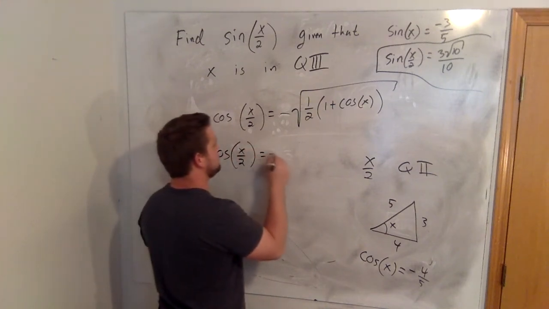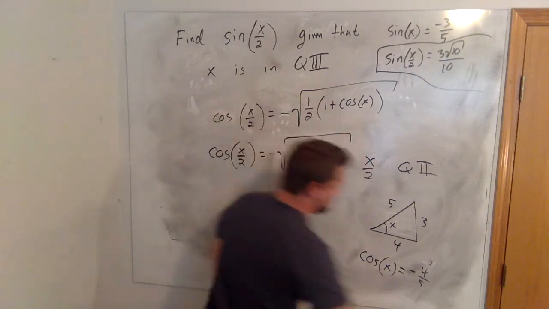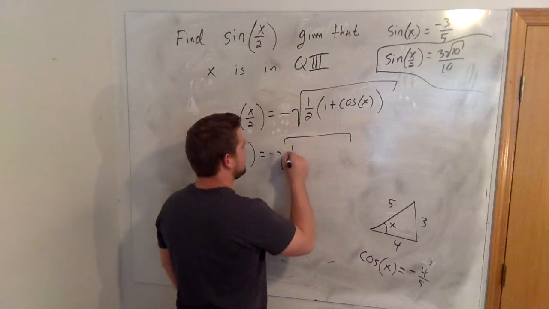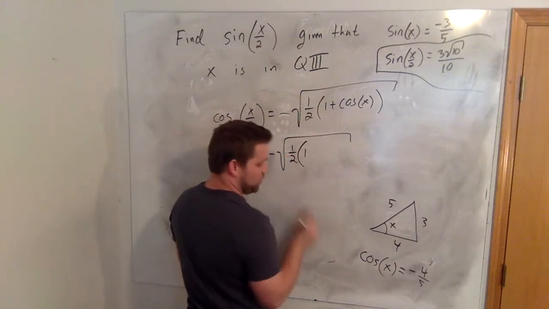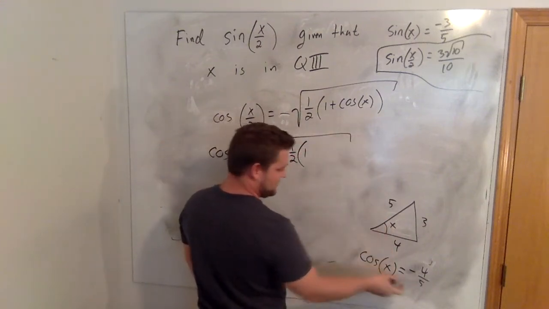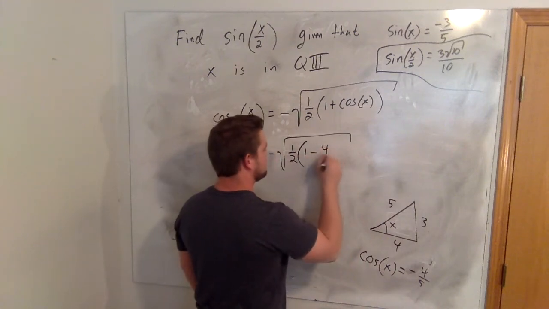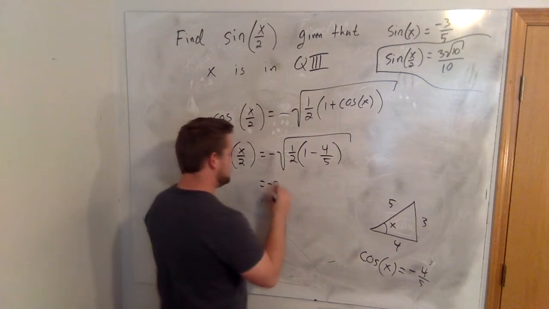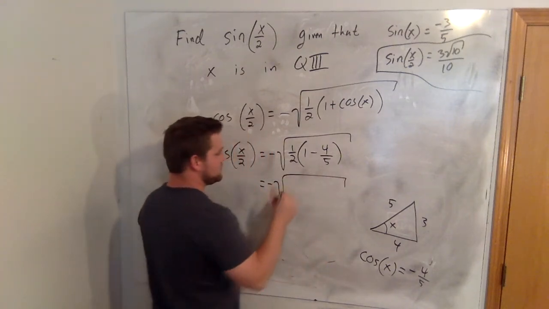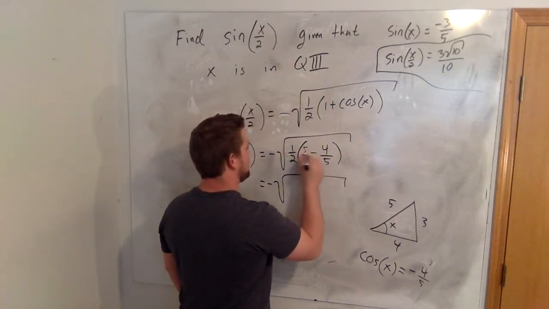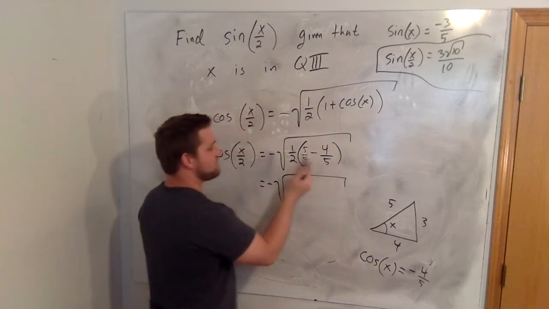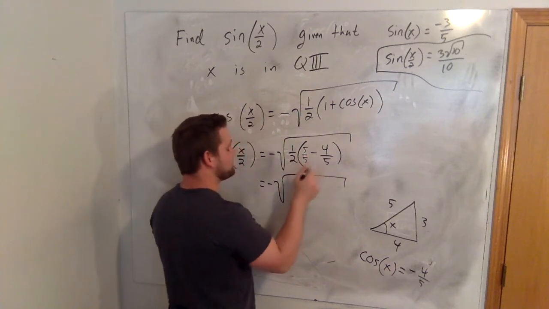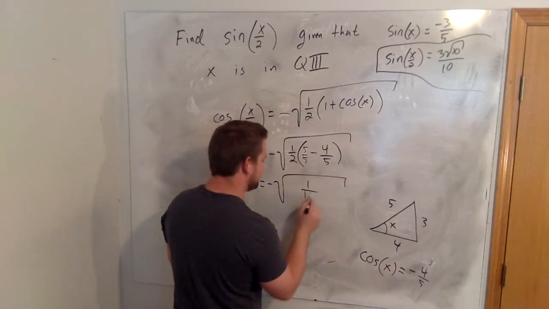So we have the cosine of x over 2. That's going to be equal to the negative square root of 1/2 times, now we're going to get a 1, well, cosine of x is negative 4/5, so a minus 4/5. Let's change this to 5 over 5. So we'll get 5 minus 4, that'll be 1/5. Sorry, 1/5 times a half is a tenth. I'm thinking too fast.